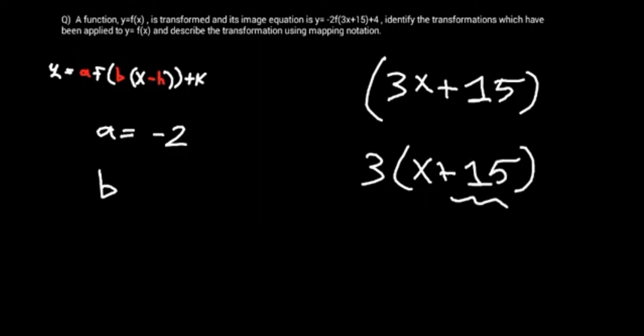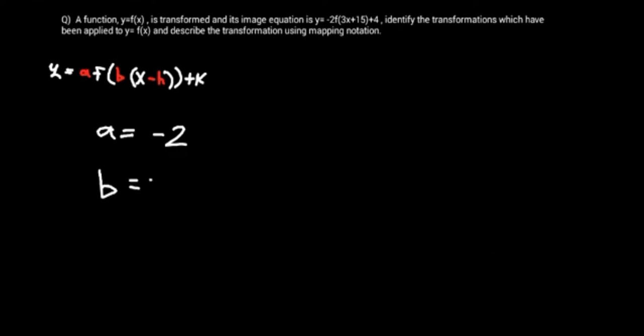And here, don't forget that we need h. When h goes to the other side, we said after the equal sign. So this should be, sorry, it should be 5 here. So it should be -5. So here we have b equals 3.